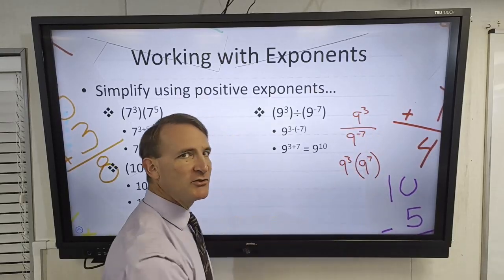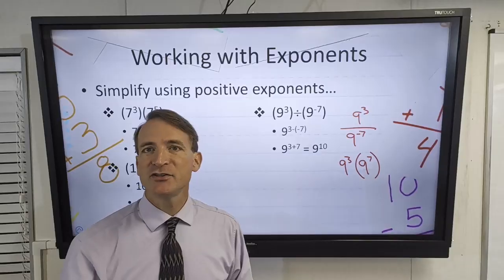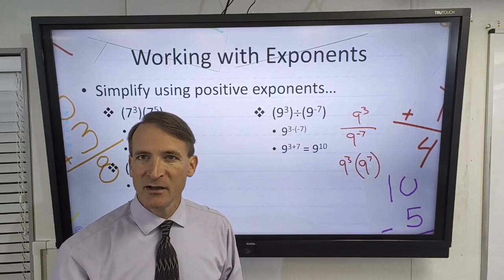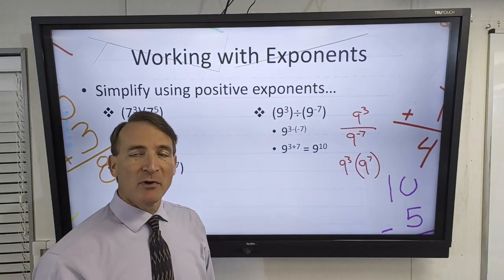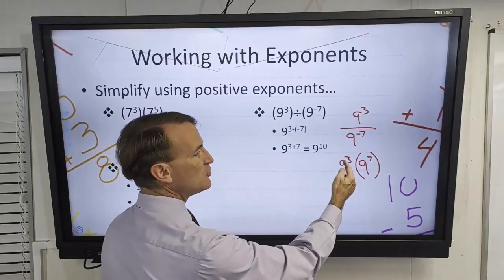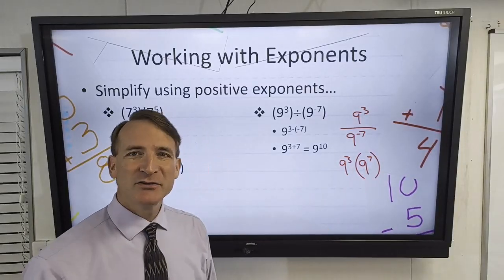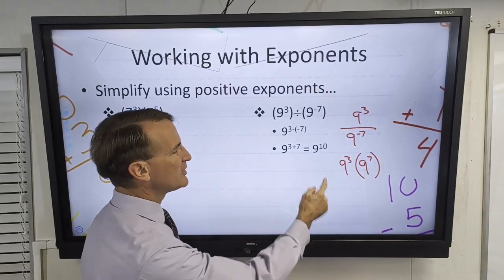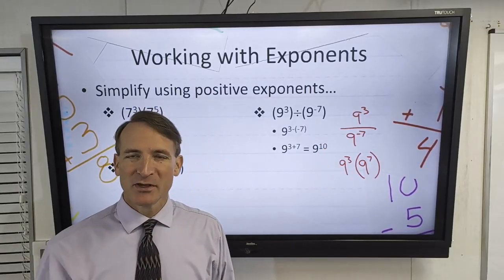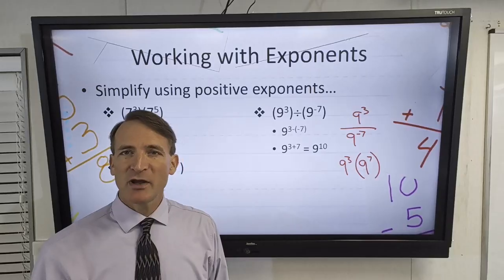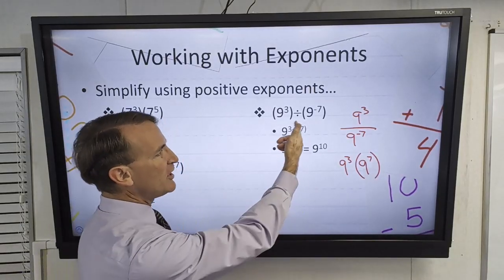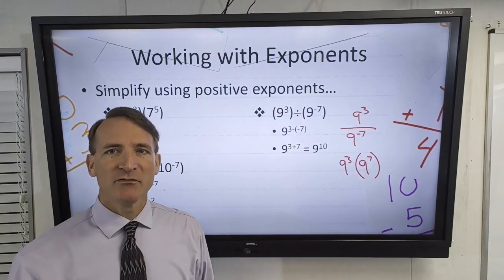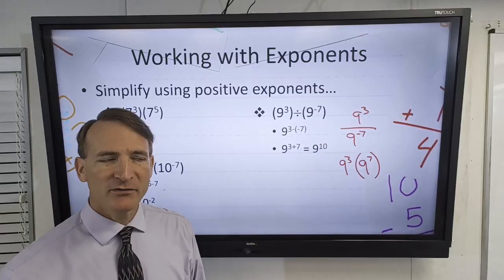Because I moved it up into the numerator, I had to change the exponent to the opposite sign, which is now a positive exponent. I can use my product property and do the addition. So it would be 9 to the 3 plus 7 power, which still gives me 9 to the 10th. If it's easier for you to think of it that way, you may go ahead and do that. But it is faster just to do the subtraction of a negative if you're very comfortable doing those kinds of things.